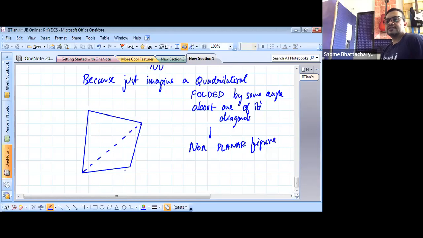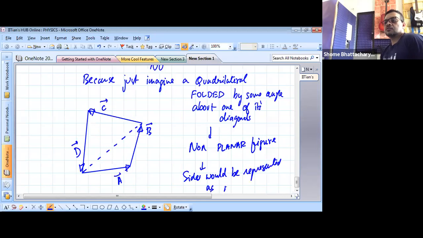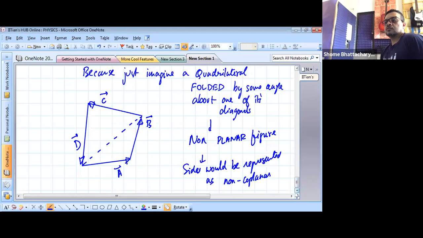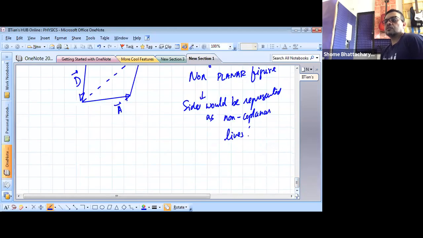So now if you consider sides as vectors, its sides would be represented as non-coplanar lines, or you can convert them into vectors such that the resultant is still 0.